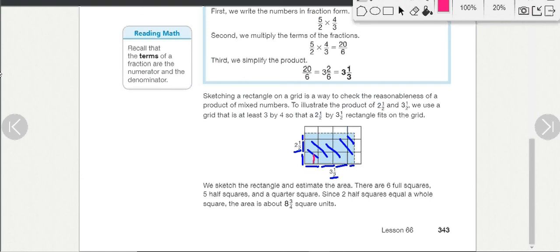You count 1, 2, 3, 4, 5, 6. 1/2 plus 1/2 is 7. 1/2 plus 1/2 is 8. And I've got 1/2 and 1/4 left, which is worth 3/4. So it's 8 3/4. So you can actually show it with a grid.